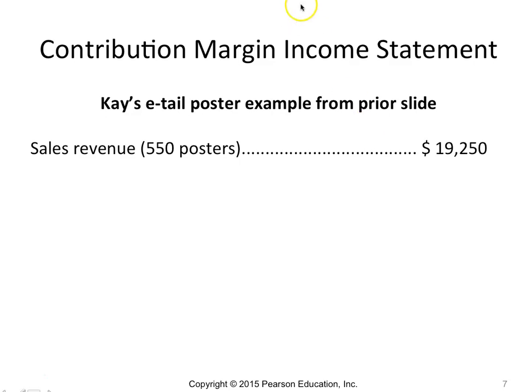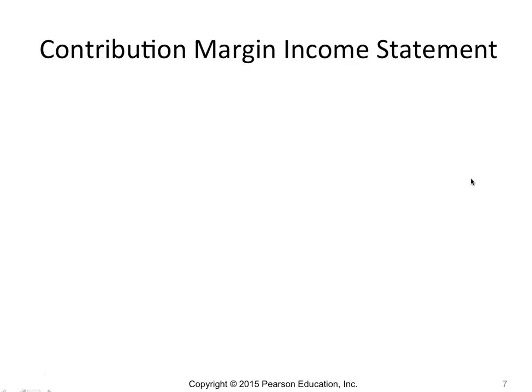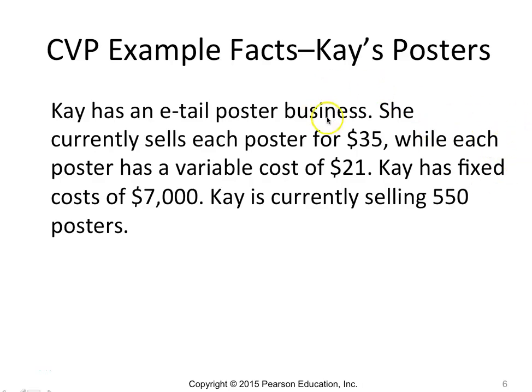To find the contribution margin, we use sales revenue minus total variable cost. Total variable cost will be 11,550. How do you get that? It comes from the unit variable cost, 21 times 550.